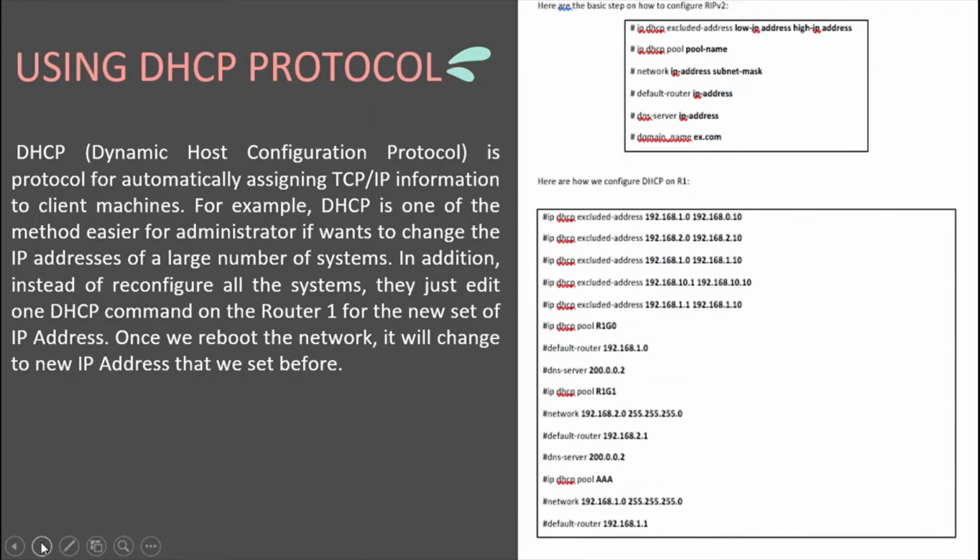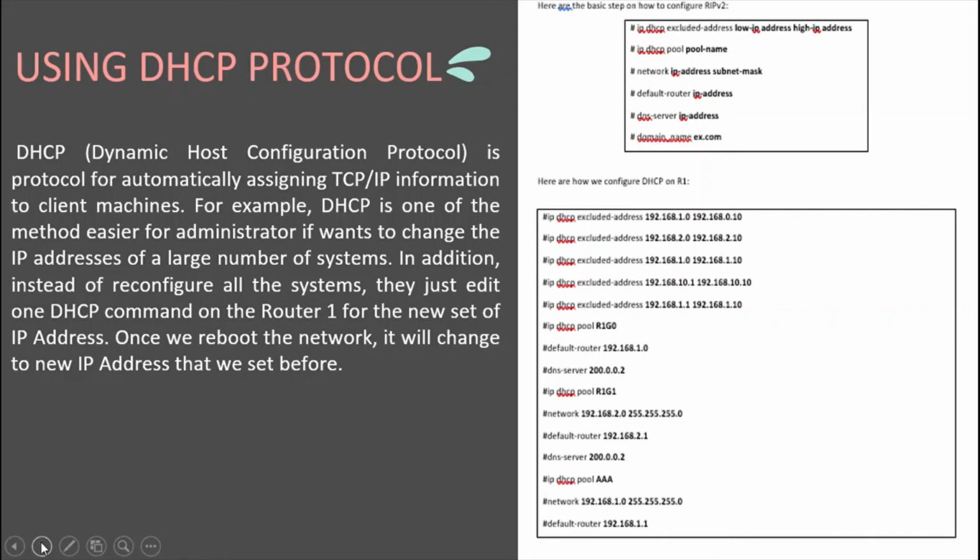Using the DHCP protocol. DHCP, Dynamic Host Configuration Protocol, is a protocol for automatically assigning TCP/IP information to client machines. For example, DHCP is one of the methods that makes it easier for an administrator who wants to change the IP addresses of a large number of systems.